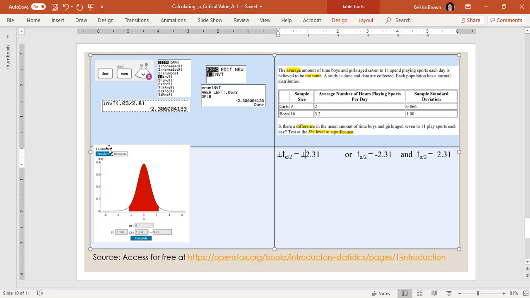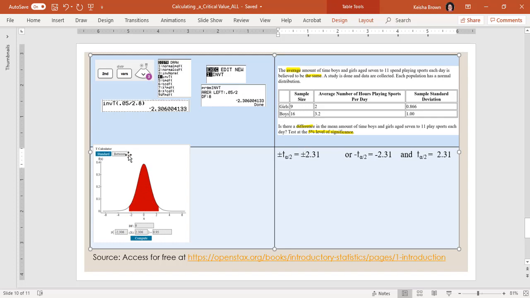If you're a StatCrunch person, you're under stat, calculators, T, you now click on the between tab because you're working with a two-tailed test. And here, you plug in your degrees of freedom, once again, smallest sample size minus 1. And in the very last box, the area box, you have to plug in your level of confidence. Your level of confidence is what is the area that's in between.